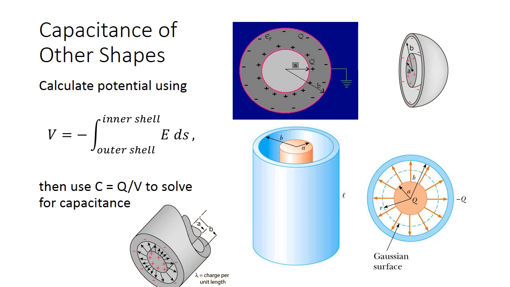Okay. The way to calculate those is to use a technique that we've already used before, the technique of calculating potential using the negative integral of E dot ds, and again, you're finding potential difference. So you're calculating from the outer shell to the inner shell.